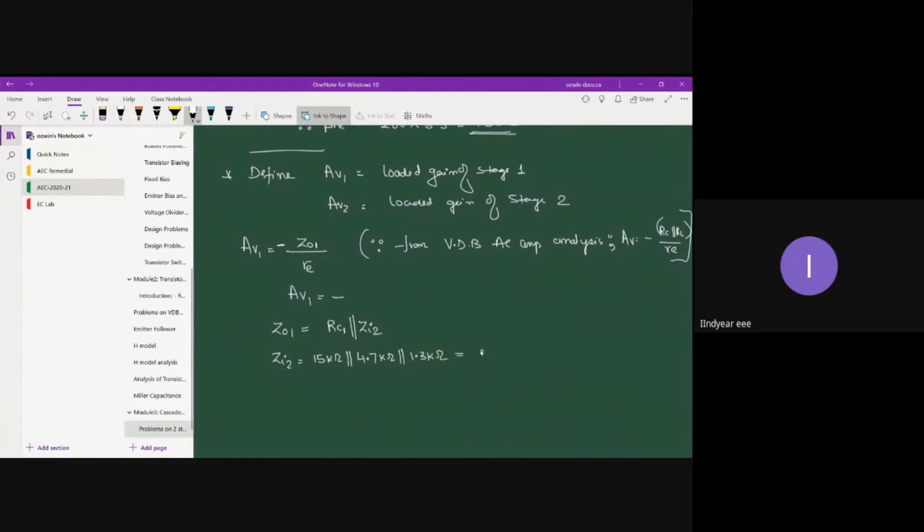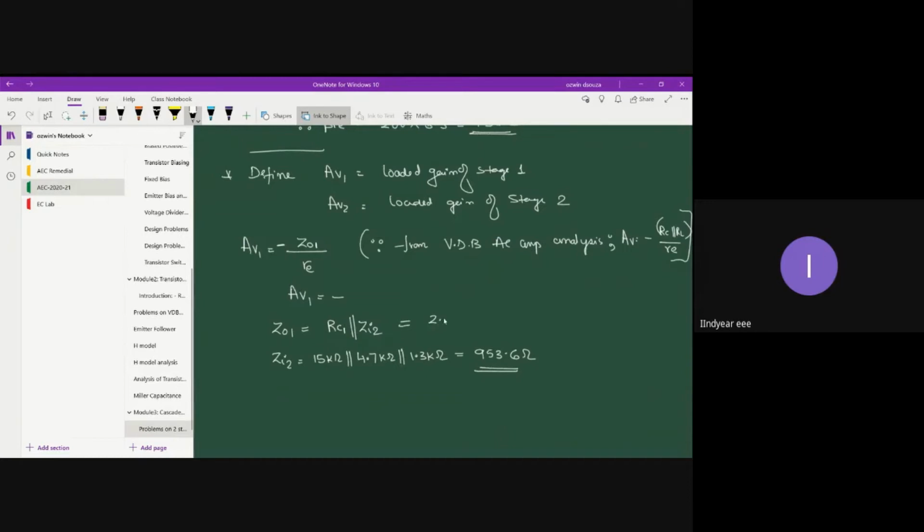So Zi2, you will get it as 953.6 ohms. As I have mentioned previously, I have the answers with me. All you need to do is just cross-check the answers. So with that we can calculate Z01.